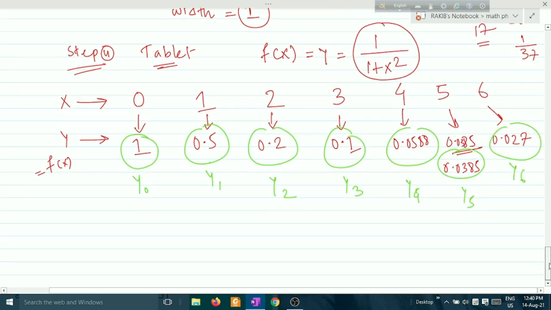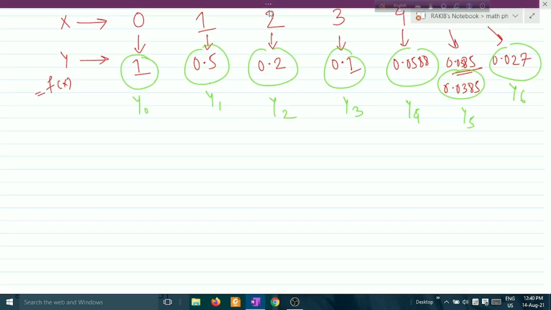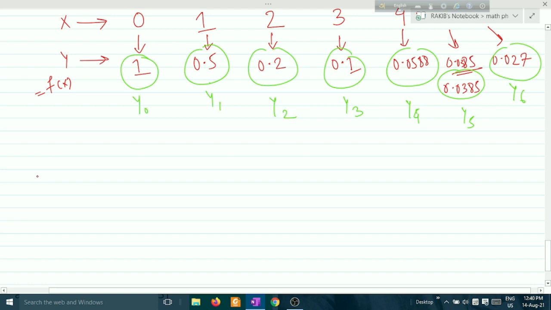This is the last value of our calculation. Now I am moving to the formula. First, we have one formula, the trapezoidal rule. By trapezoidal rule, what can we do?